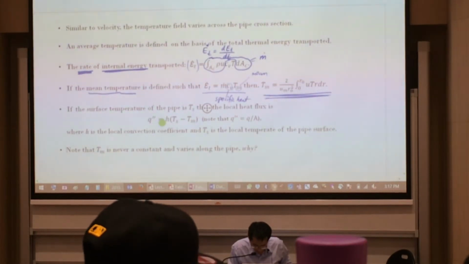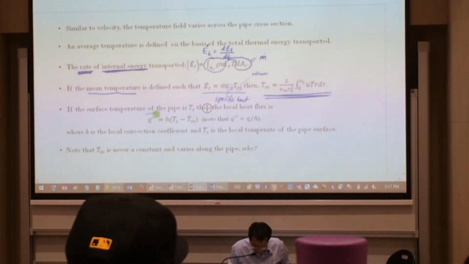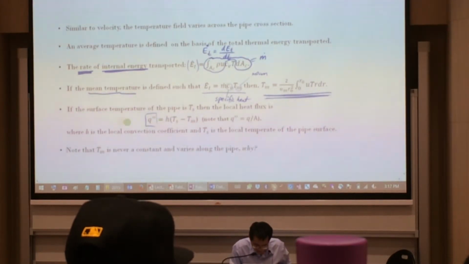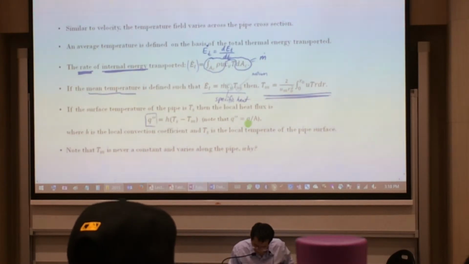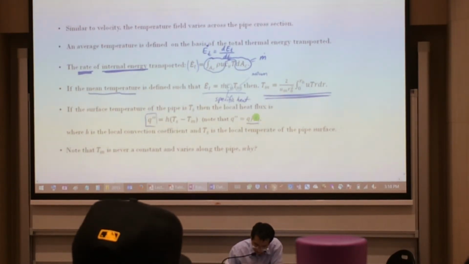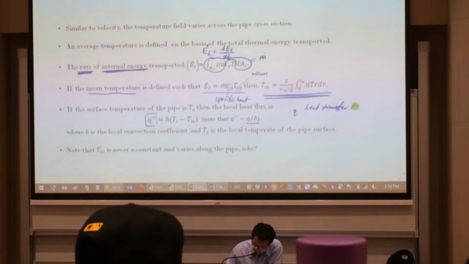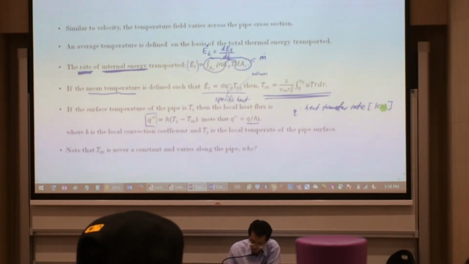Now, I wonder, could you remember this q, small q, and then 2 primes? Actually, that refers to your Q divided by A, and Q is actually your heat transfer rate, and that has the unit of kilowatts, or if you want, you could write in terms of watts as well.